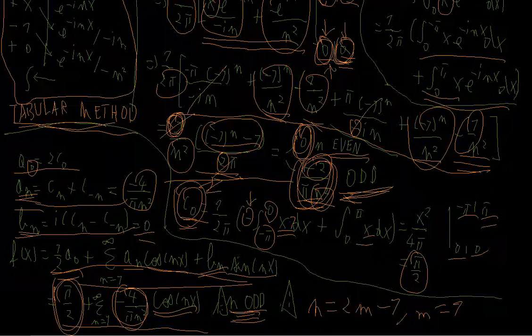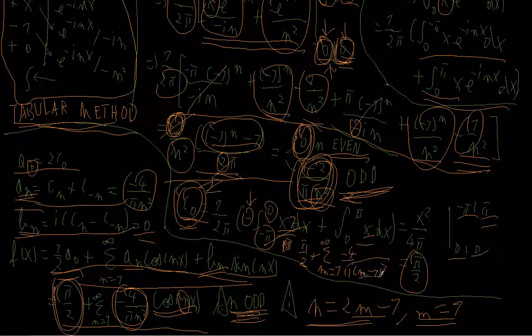You plug in everything, and in this case, remember n is odd, so it can be written in the form of 2m minus 1, where m begins at 1. So we would have simply pi over 2, plus the sum from m equals 1 to infinity of minus 4 over pi times (2m minus 1) squared, times cosine of (2m minus 1) times x.